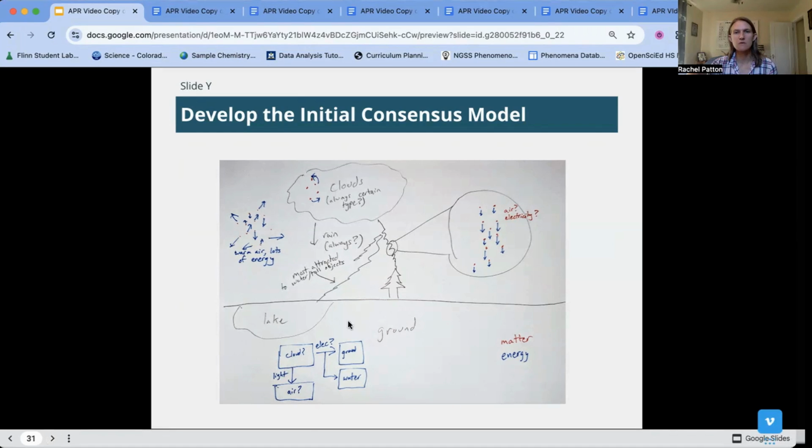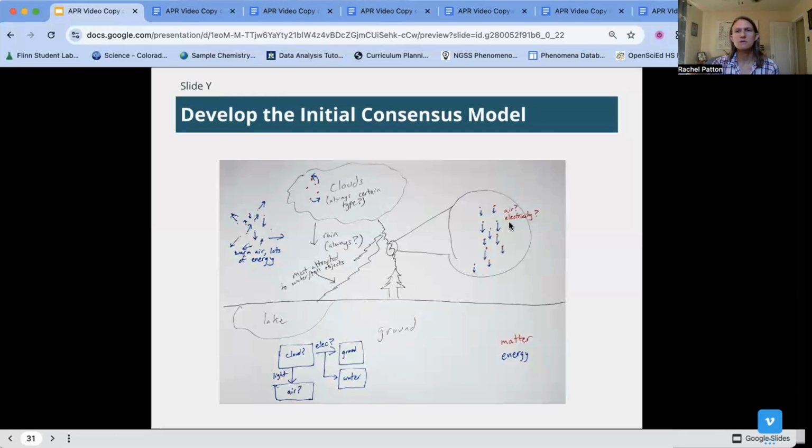In this consensus model, we have a tree, we have clouds, and we're wondering if it has to be a certain type of cloud. We have warm air with lots of energy. We have some particles and energy in our cloud. And then here we have lightning striking a tree and also a lake.